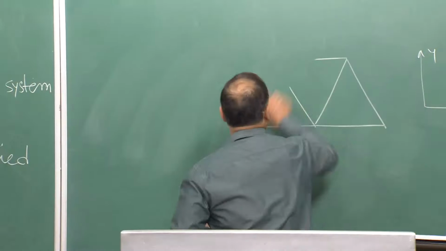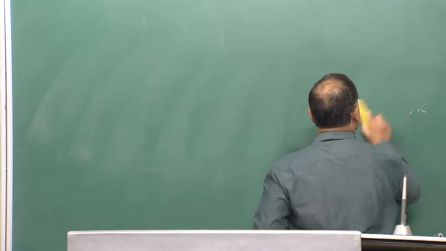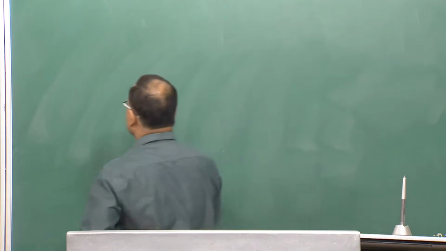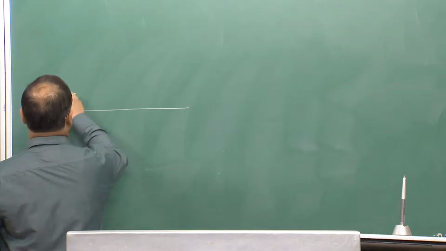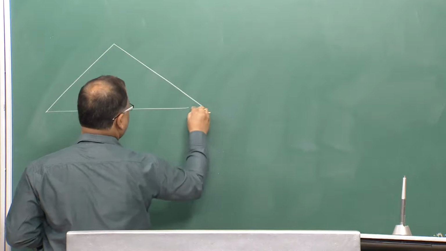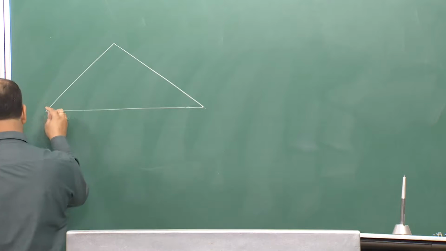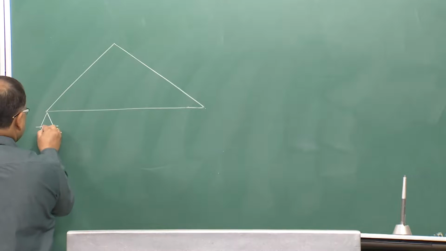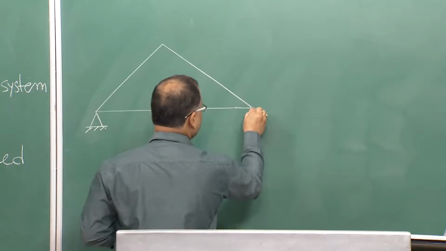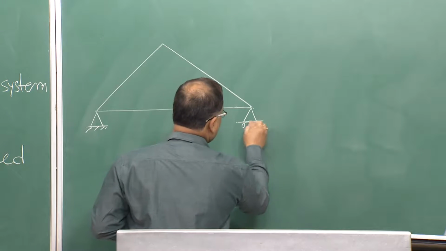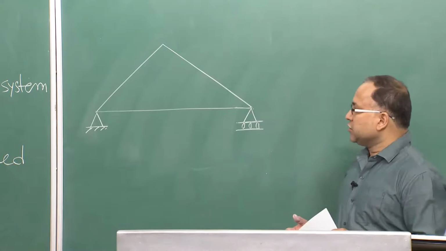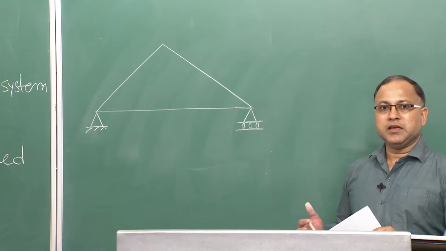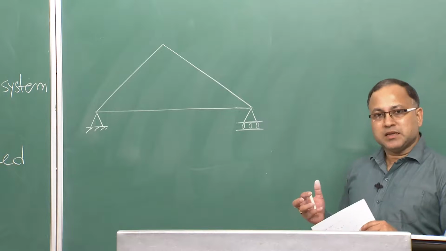If you have the truss like this, suppose this is one truss, this is the support, simple support. This hinge and roller supports together is known as simply supported structure or the simple supports.